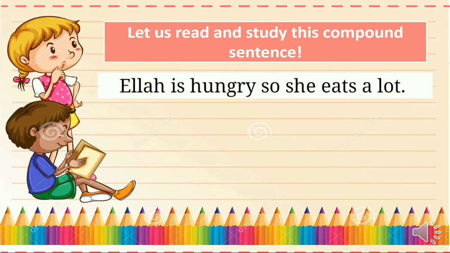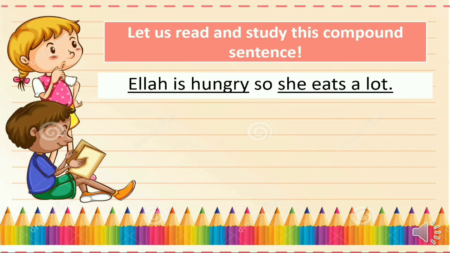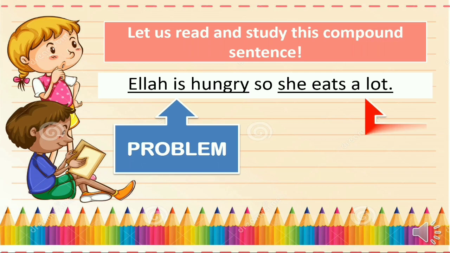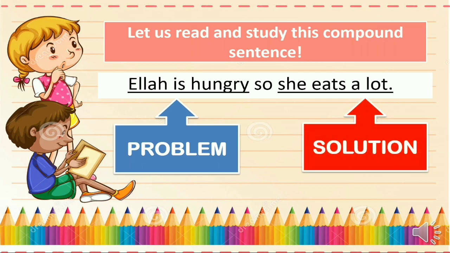Ella is hungry, so she eats a lot. What is the problem in this sentence? Ella is hungry. How about the solution to this problem? She eats a lot. These two clauses are combined by a coordinating conjunction so.